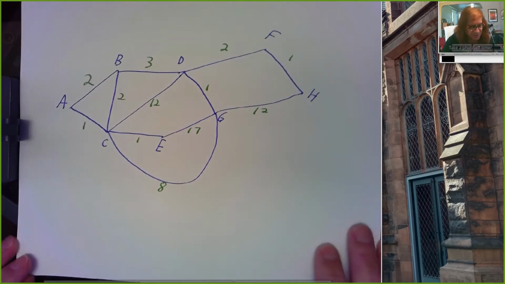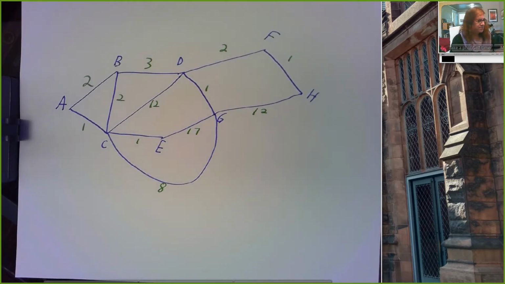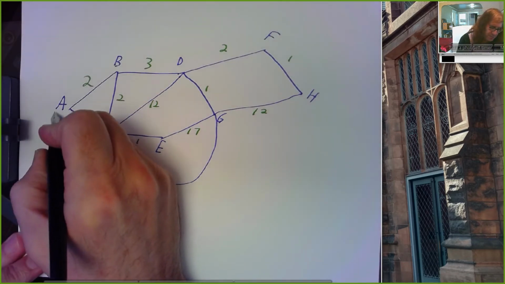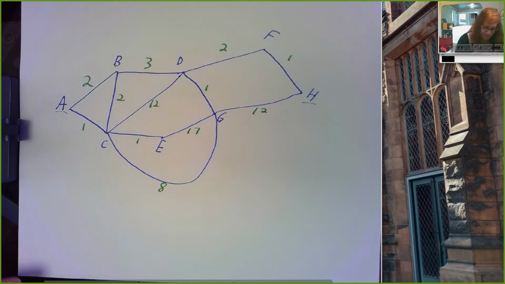So let's go through Dijkstra's algorithm again, but I want to, in addition to finding the shortest path, in this case from A to H, also record what that path is that gives us the shortest distance.